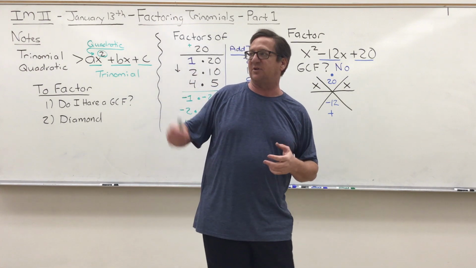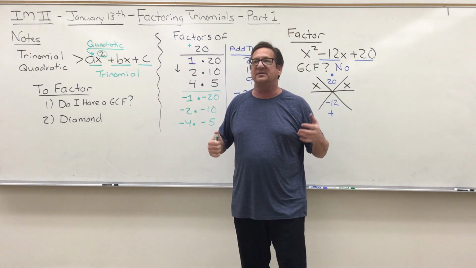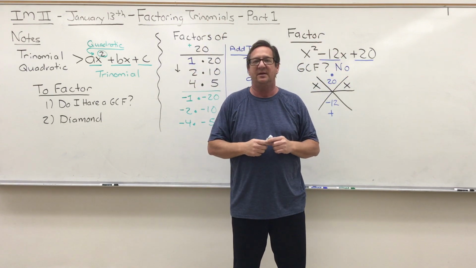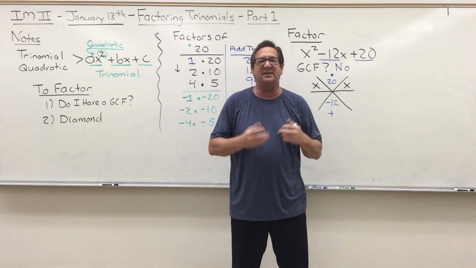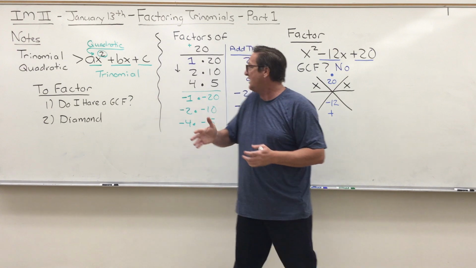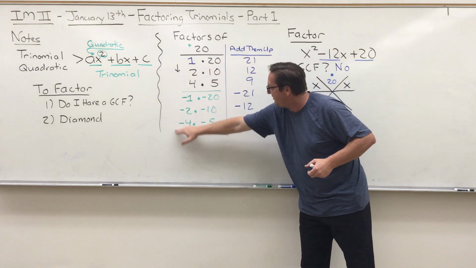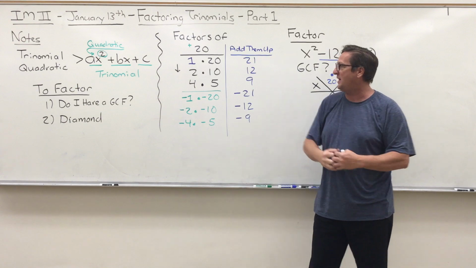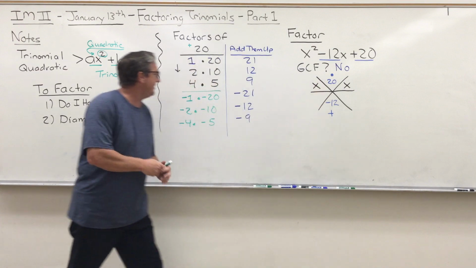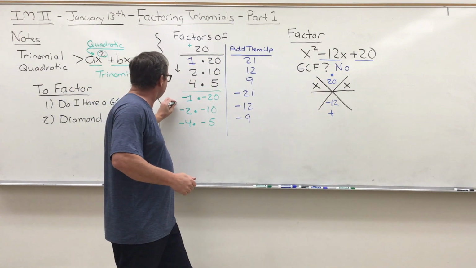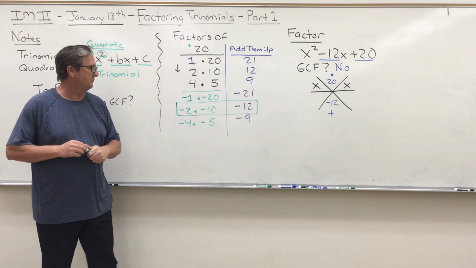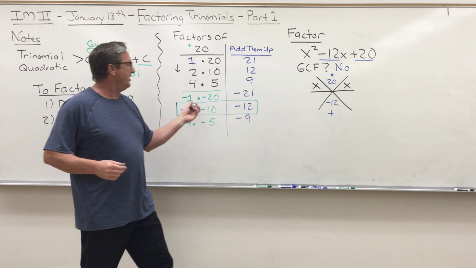Now, I'm good enough, and there's also some of you watching the video right now who can say, oh, it's something to do with 10 and 2, negative 10 or negative 2. But if you're not good with your times tables, trust me, the more you do this, the better you get. If you're not good with your times tables, then I have a way for you to find all the factors of 20. You're looking for a negative 12, and if you come to this piece right here, we call this the winner.